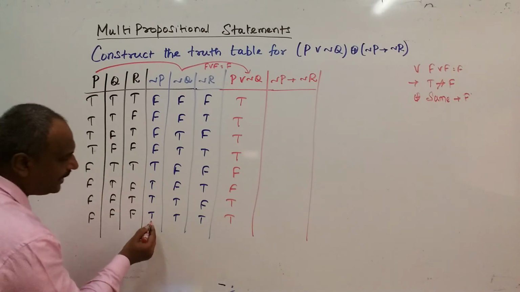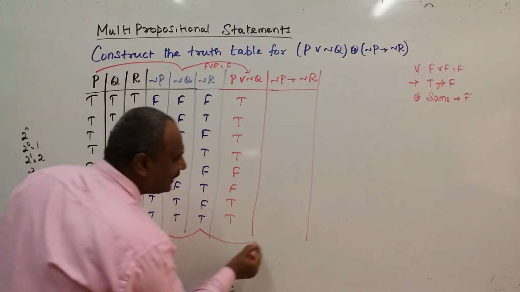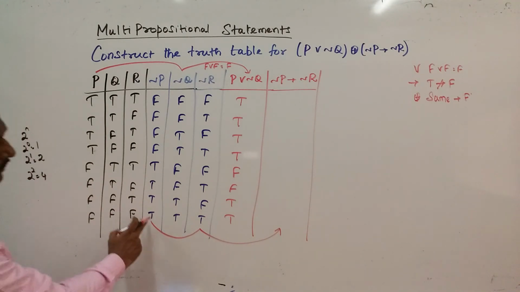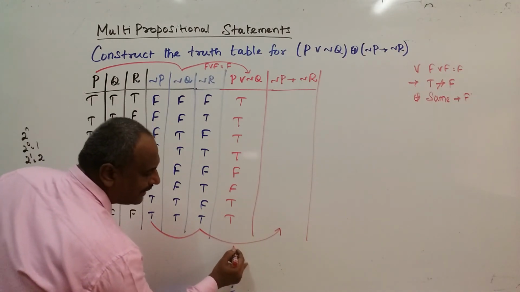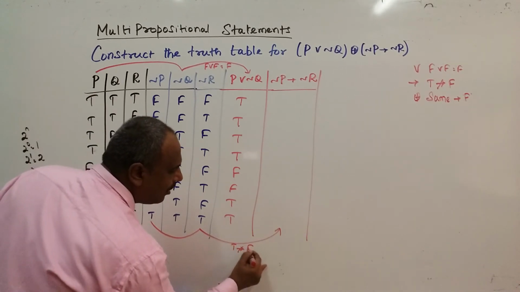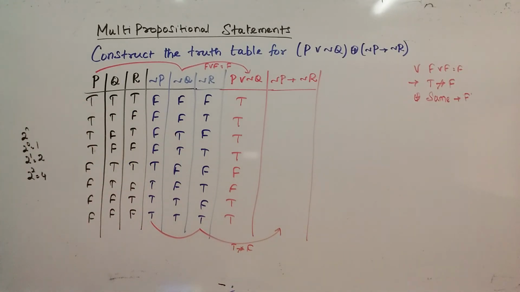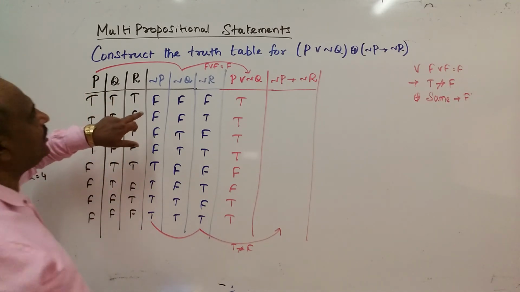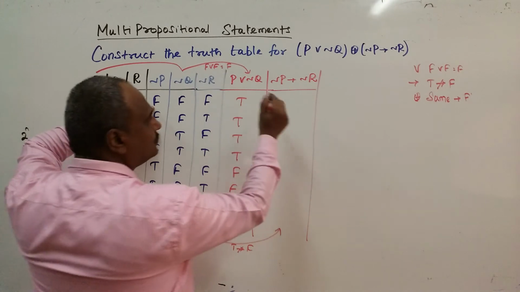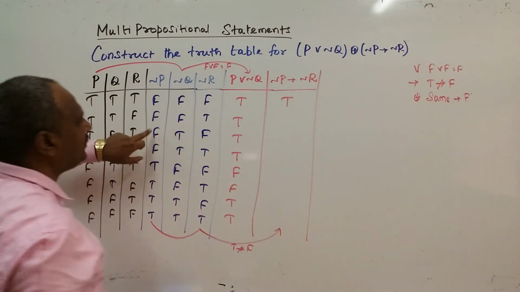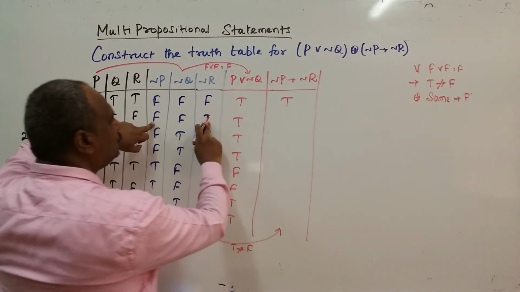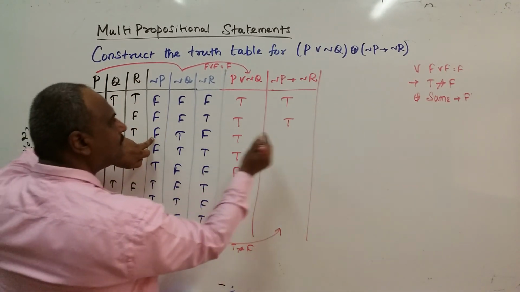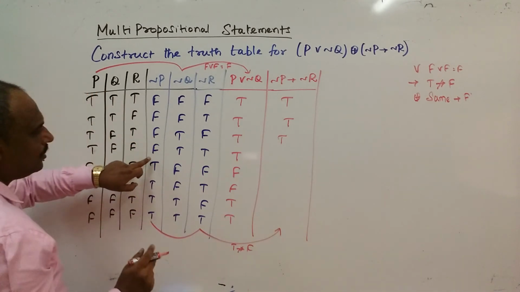Next, I am going to combine negation P implies negation R. Here the condition is that a true statement cannot imply a false statement. So I check: false, false, the result will be true.